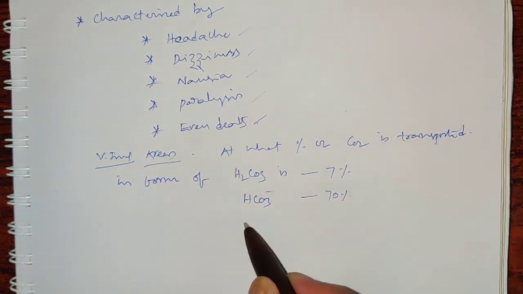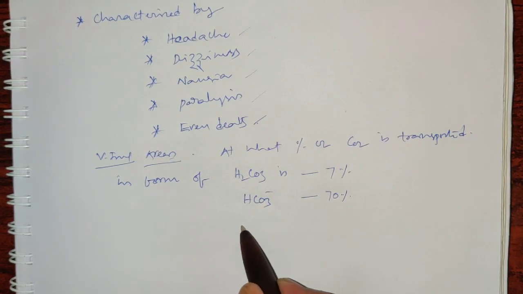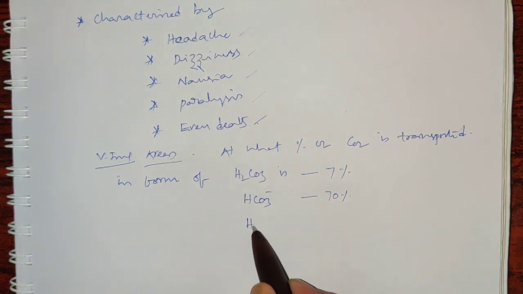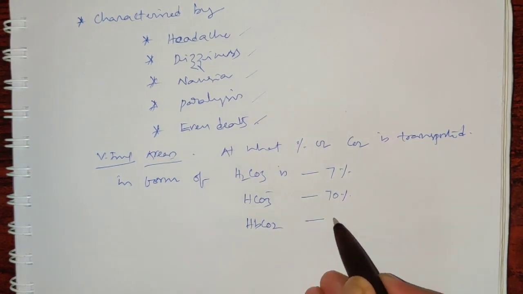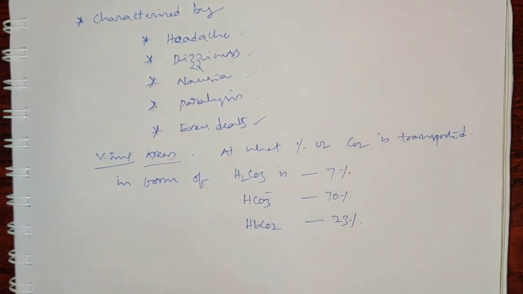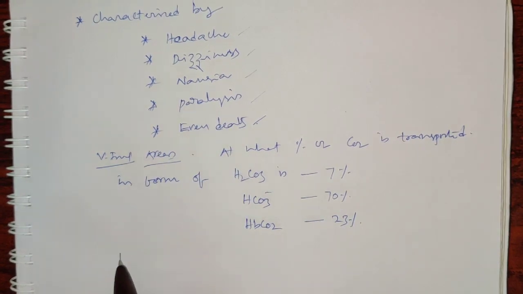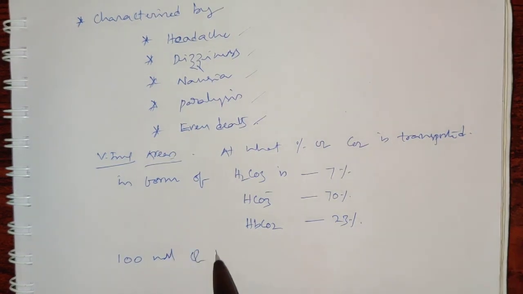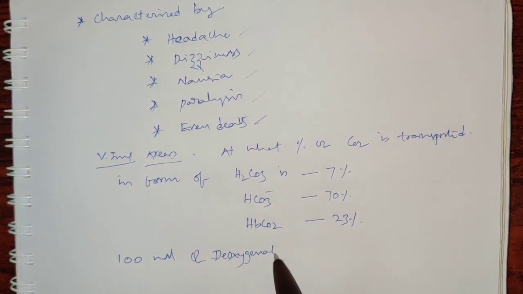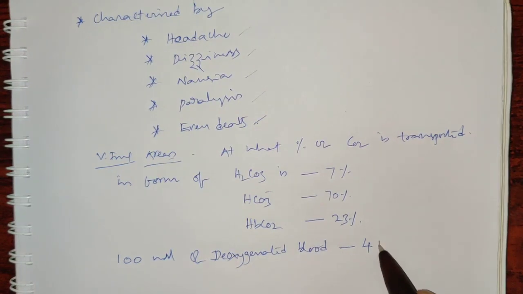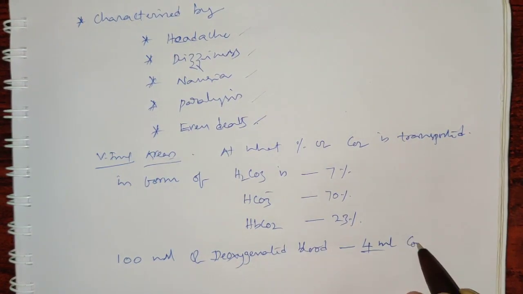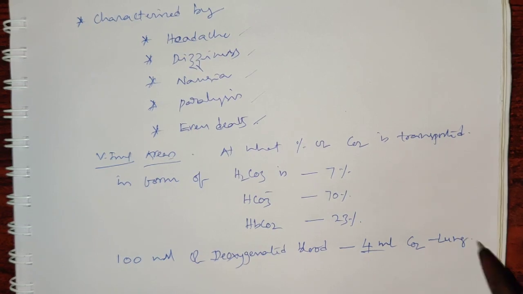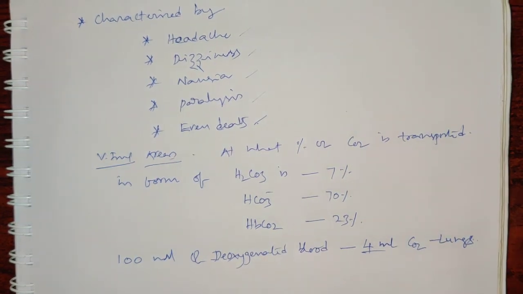In the form of carbaminohemoglobin it is 23%. And another thing is that every 100 ml of deoxygenated blood carries 4 ml of carbon dioxide to the lungs. So these are the areas we need to concentrate on.